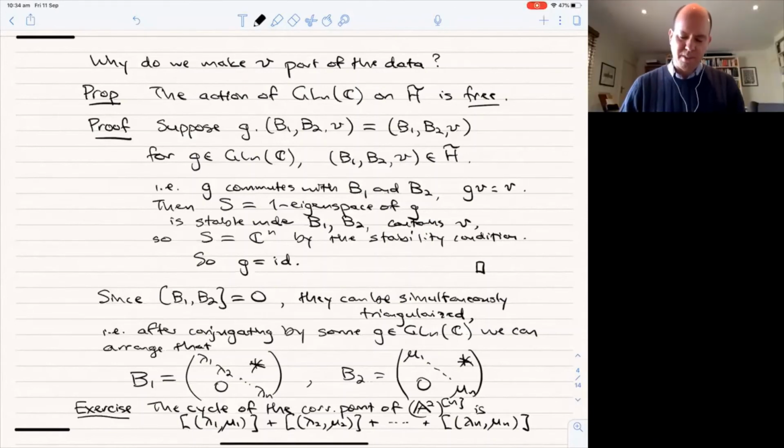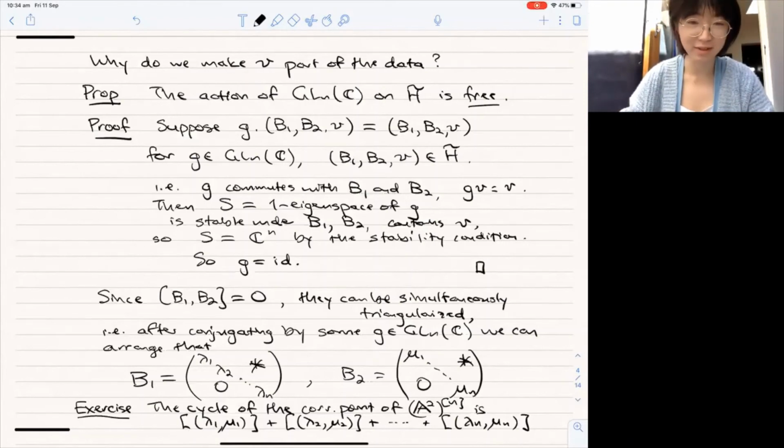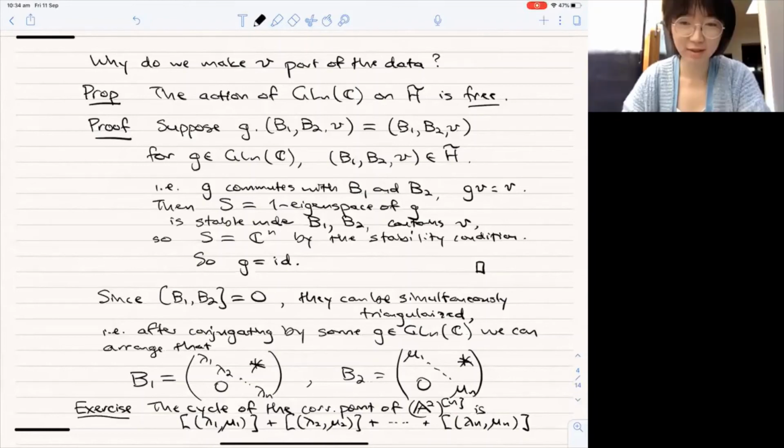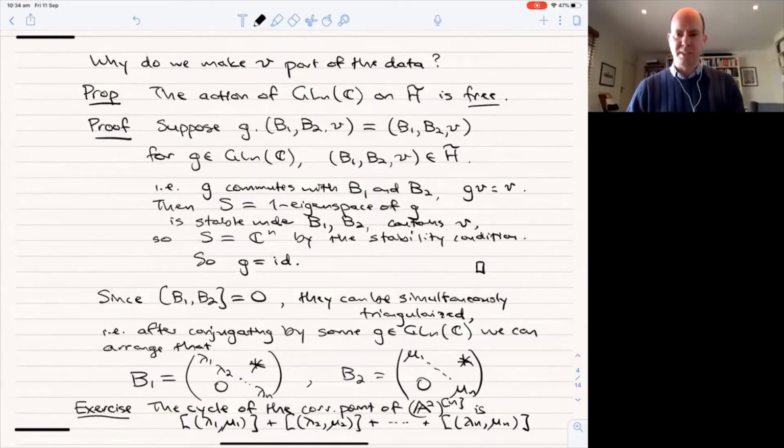So if anyone attended my talk, there free meant something different. I haven't even put a variety structure on H tilde yet, although you can probably imagine one. The action of GLN(C) on H tilde is free in that more sophisticated algebraic geometry sense as well. But yes, for the properness, you would need to appeal to the Luna slice theorem.